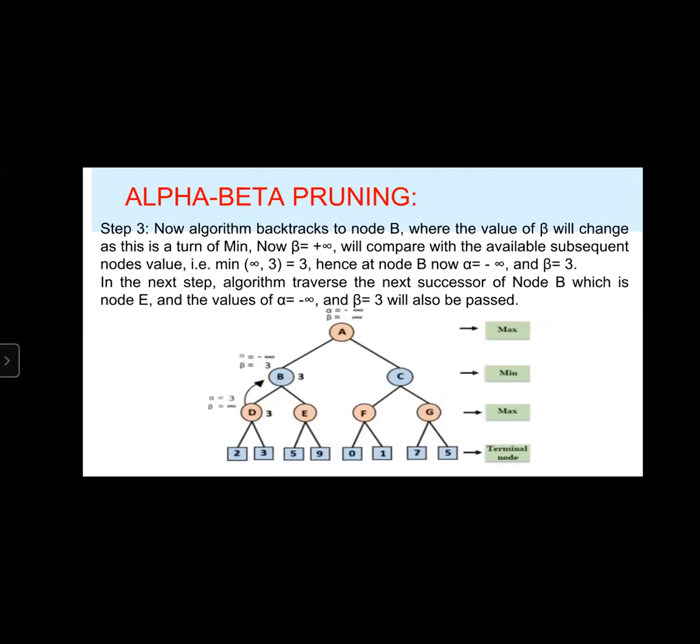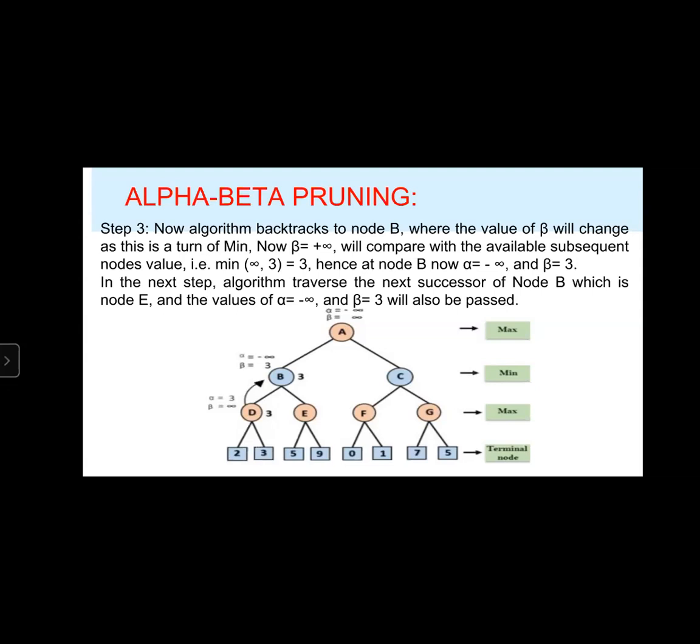Now the algorithm backtracks to node B. See the diagram. The value of beta will change as this is the turn of min. Now beta equals plus infinity will be compared with the available subsequent node value, that is min of infinity comma 3, which equals 3.